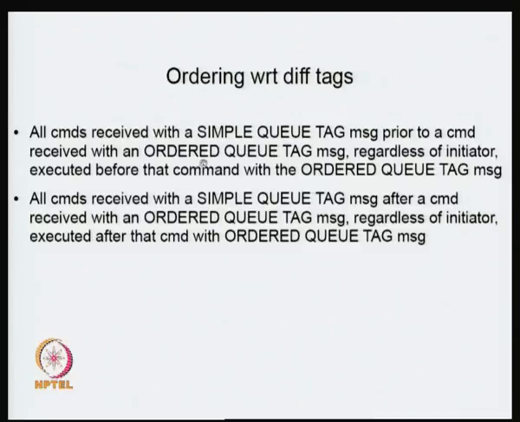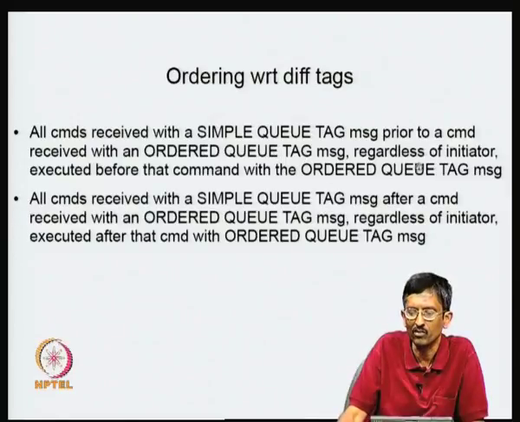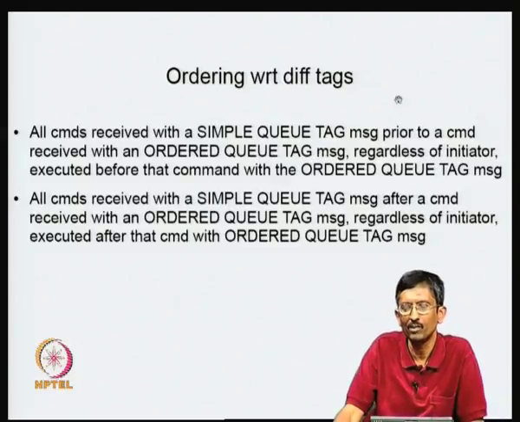If you get a command with a simple queue tag prior to a command with an ordered queue tag, then you have to execute that command before you get to the ordered queue tag. It is similar to what you see in memory subsystems, where you have the notion of a barrier.